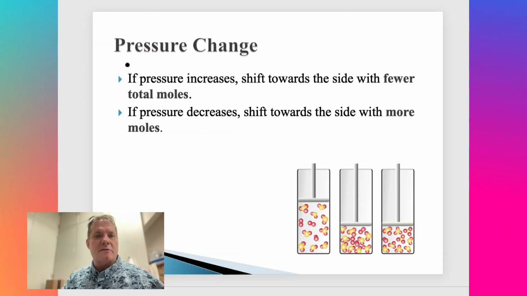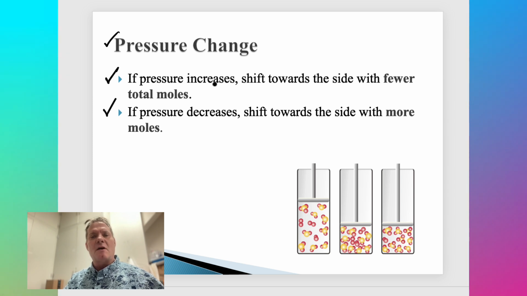One of the other stresses we can put on the system in a gaseous equilibrium is a pressure change. We know that pressure for gases is similar to concentration for aqueous solutions. If I have a reaction that has different number of moles on both sides, pressure changes will affect the position of equilibrium. Our rule is if pressure increases, we're going to shift towards the side with fewer moles.